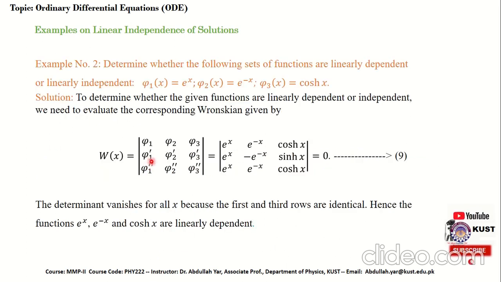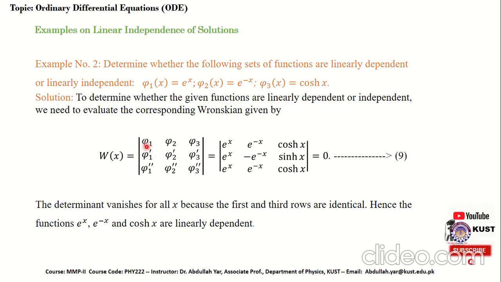In the second example, we need to show whether the set of functions given by phi 1 of x equal to e power x, phi 2 of x equal to e power minus x, phi 3 of x equal to cos hyperbolic x are linearly dependent or linearly independent. To show this, we need to evaluate their corresponding Wronskian, which is given by the determinant of the 3 by 3 matrix.